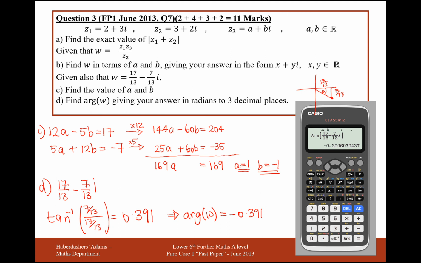Make sure you're in radians mode for this. You will get an incorrect answer if you're still in degrees. Go to shift menus to the setup, click on the angle unit and change your angle unit to radians, and press enter on that, and you get minus 0.3906. The 6 will round the 0 up to a 1, so our answer is minus 0.391. 11 marks for that biggie.